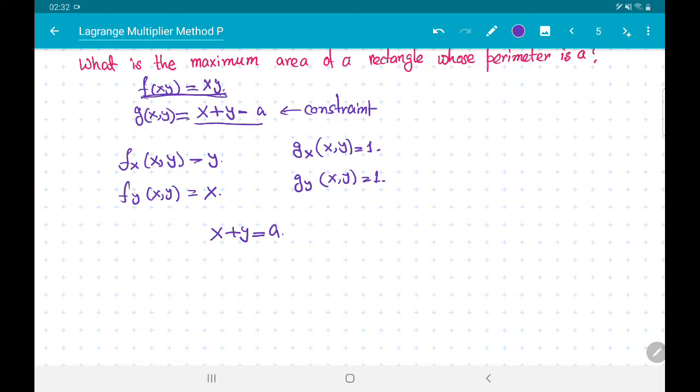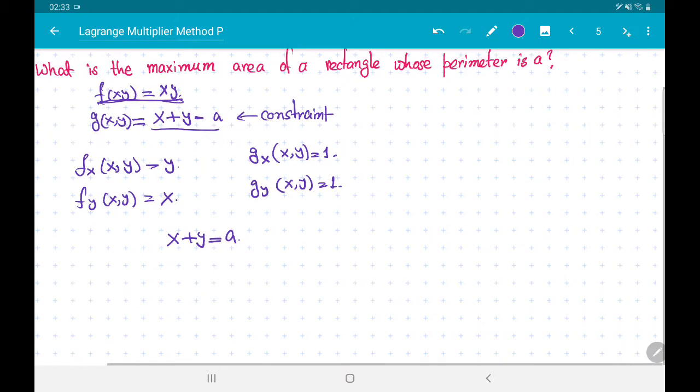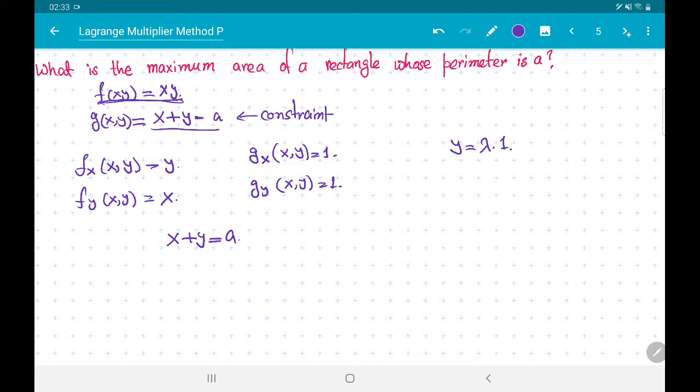Okay, so now I have to use the Lagrange multiplier. What I get is that fx is equal to lambda times gx, which gives me y is equal to lambda times 1. fy is lambda times gy, this gives me x is equal to lambda times 1. So that gives me simply x is equal to y.